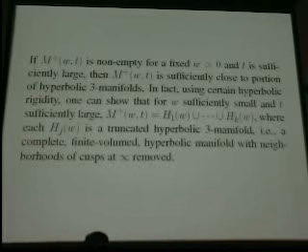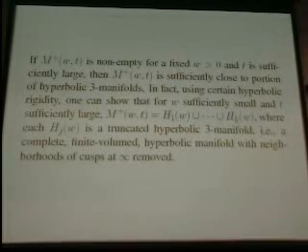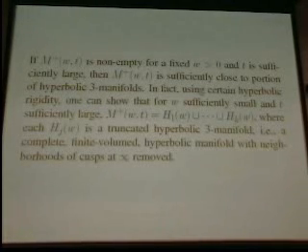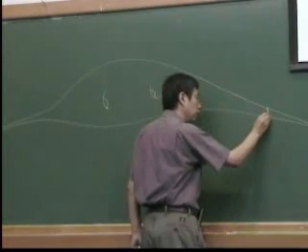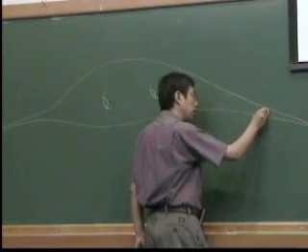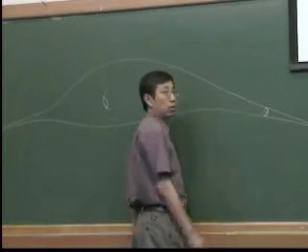So this may be drawn. If I have a complete hyperbolic three manifold with finite volume, because of finite volume, the infinity is always a cusp. So here I draw the two cusps. Near the infinity the cross section is a torus.